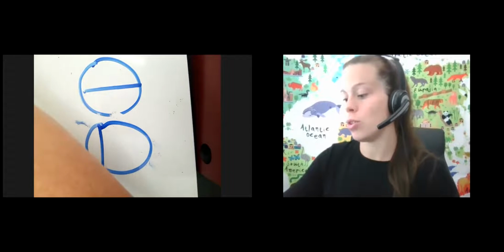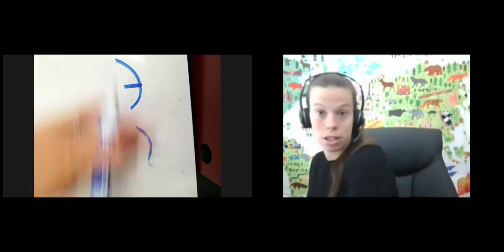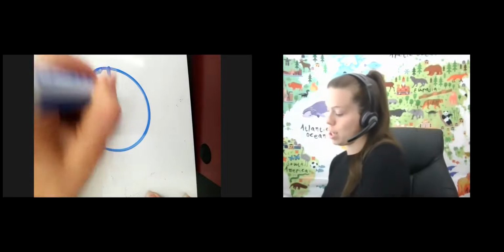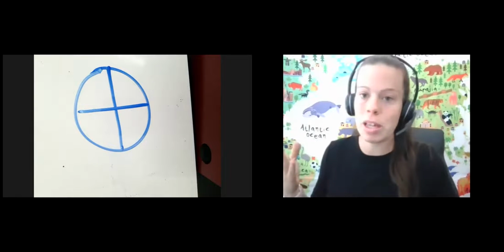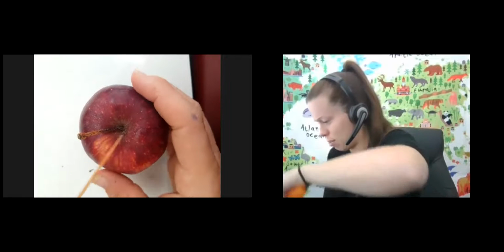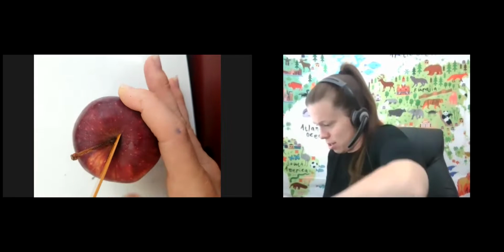Now, I'll do this now. Thirds. Thirds with a circle gets very, very weird. Fourths is easy. 4 pieces, just make a plus sign. But with thirds, if I'm looking at an apple and I want to partition this into 3 pieces, oh no. All right, let's see what I can do.